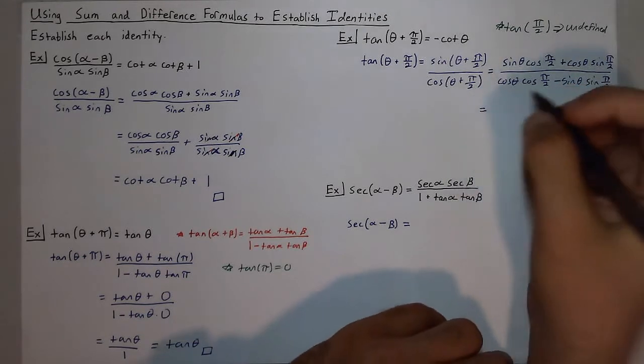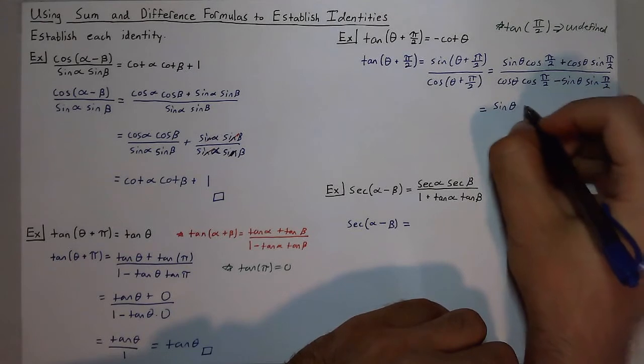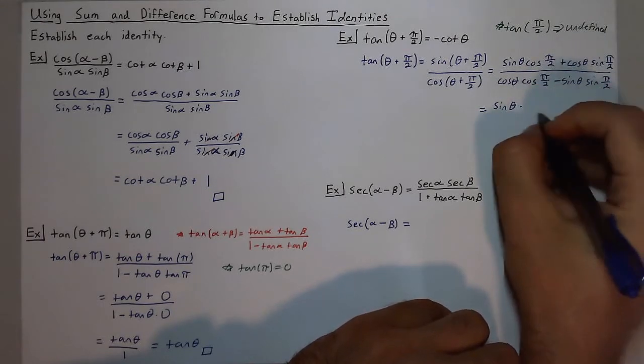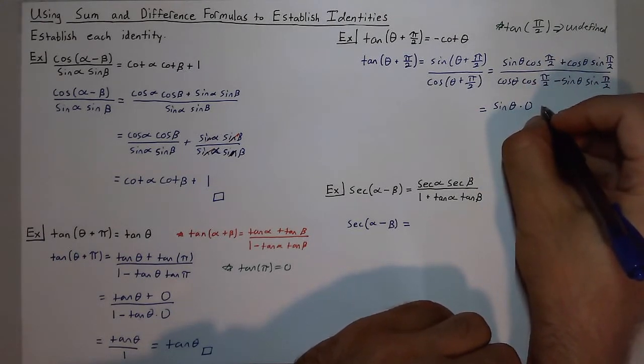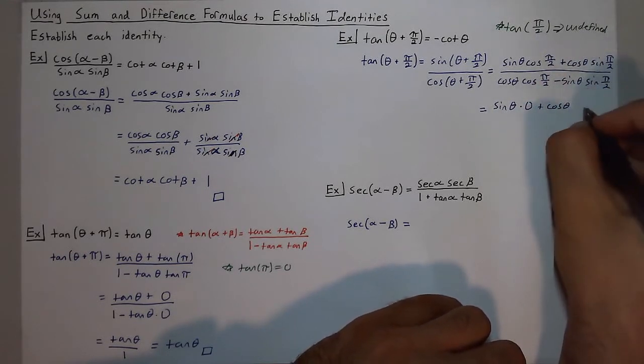As I go through and evaluate this, I'm going to have sine of theta times the cosine of pi over 2, which is 0, plus the cosine of theta times the sine of pi over 2, which is 1.